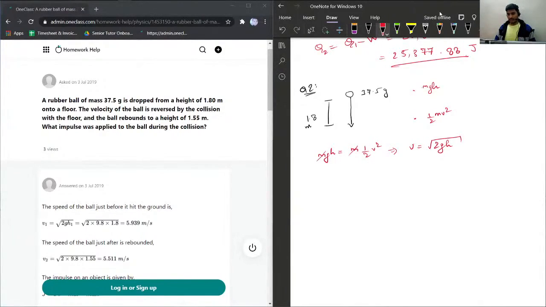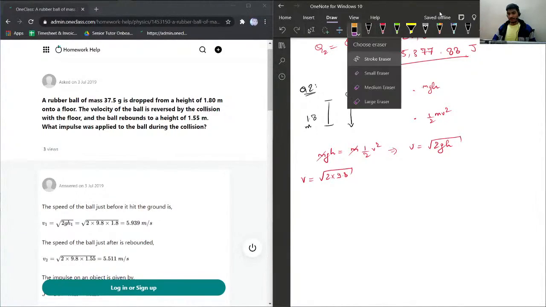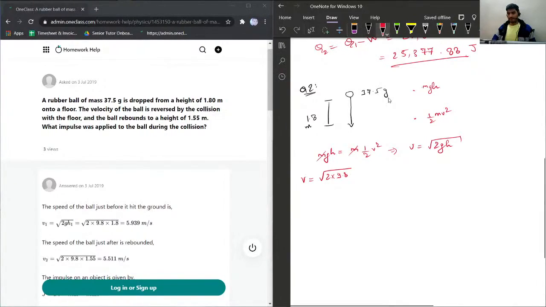where h is this height. So I can calculate the velocity: 2 into 9.8, the acceleration due to gravity, and we have height as 1.8. So my velocity will become square root of 2 times 9.8 times 1.8.